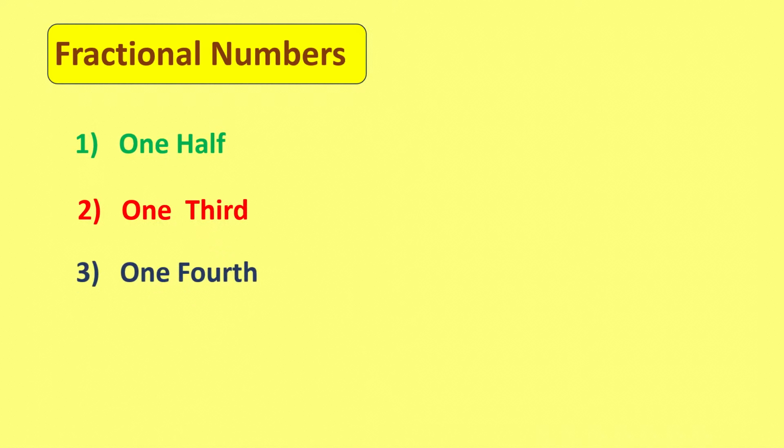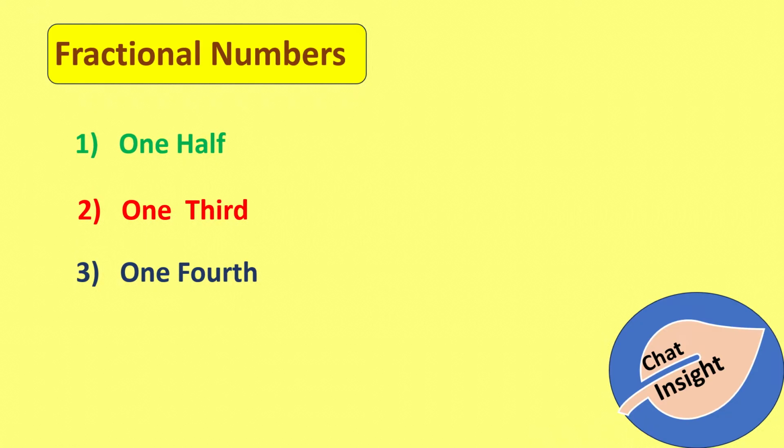Our fractional numbers are further divided into three parts. First one is one half. It's pronounced one half. The L is silent here, so it's half. Next one is one third, and after that is one fourth.